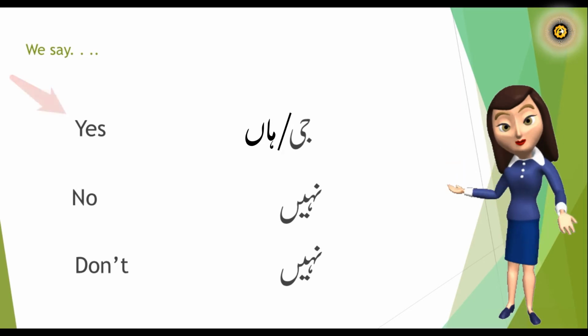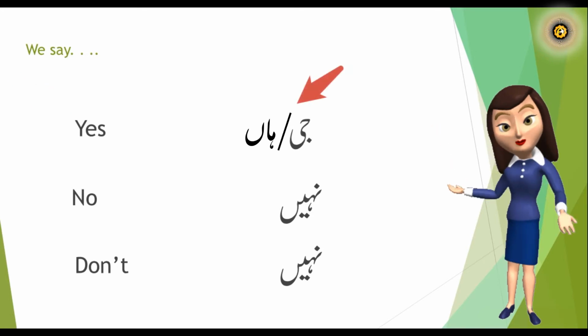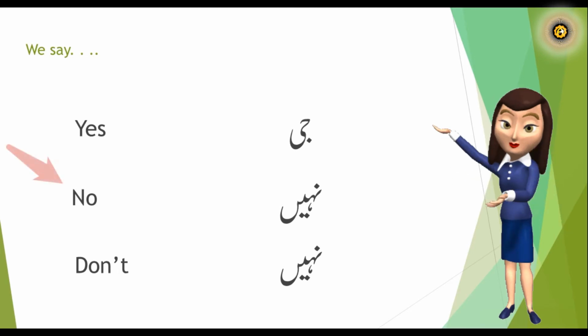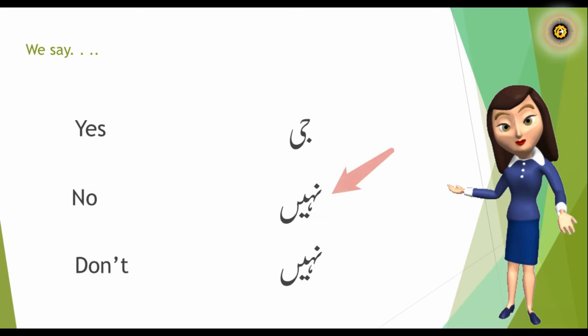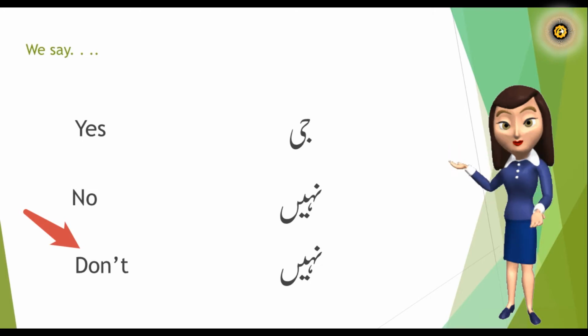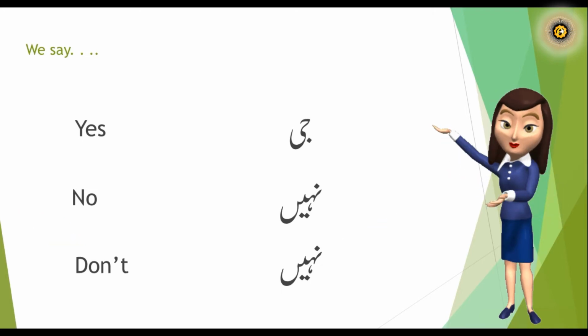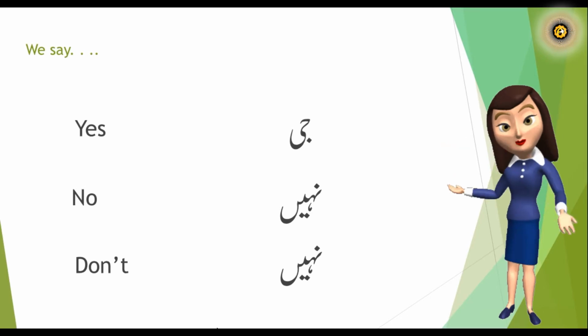We say yes in English, and in Urdu we say ji and haan. No in English is nahi in Urdu. Don't in English is also nahi in Urdu. Repeat many times for practice and do remember these, okay?